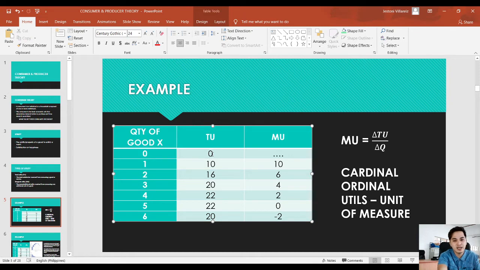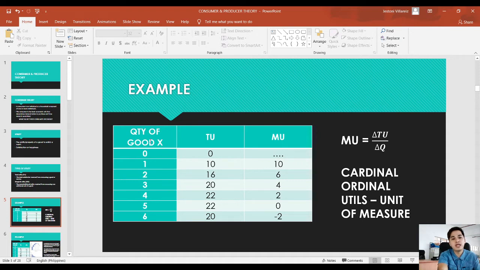If we don't have any total utility, obviously we don't have marginal utility, since the formula for marginal utility is the change in TU, or delta TU over delta Q.